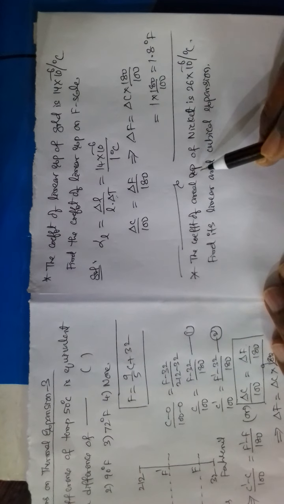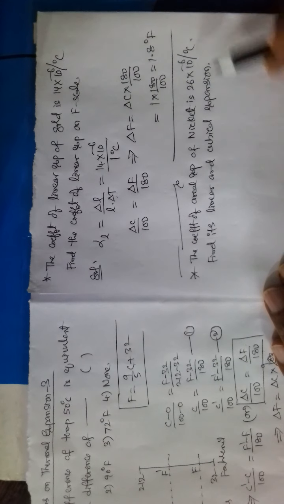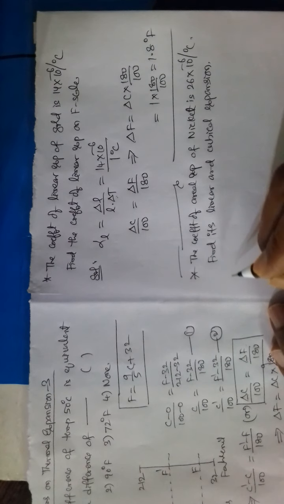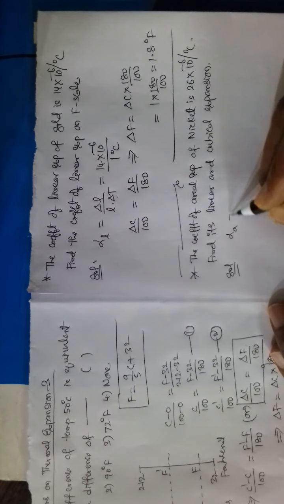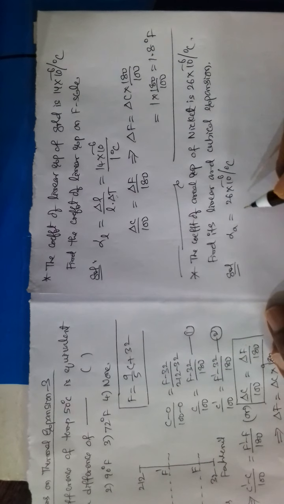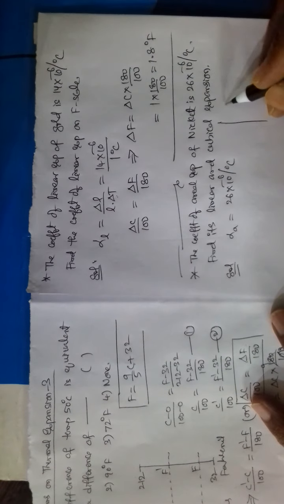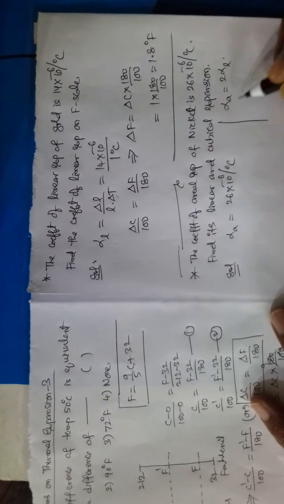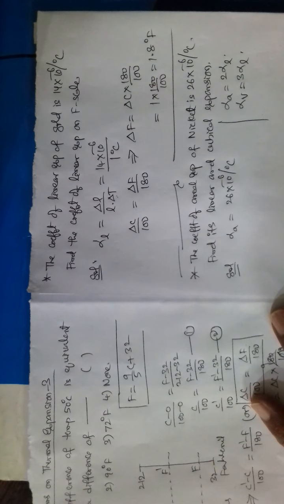The coefficient of areal expansion of nickel is 26 into 10 to the power of minus 6 per degree centigrade. Find its linear and cubical expansion. Areal expansion is given, alpha A. Now, we know the relations. Areal expansion is equal to 2 times linear expansion. Similarly, cubical expansion is 3 times linear expansion.